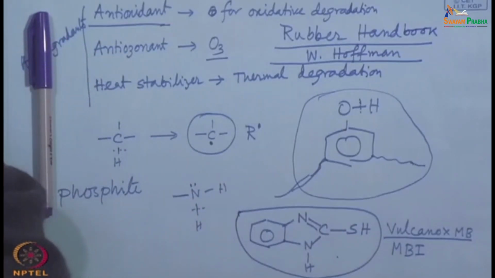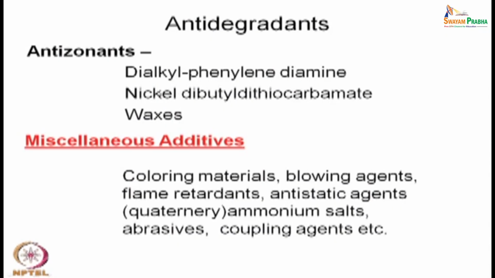Apart from these, a few examples mentioned over here: dialkyl phenylenediamine, nickel dibutyl dithiocarbamate, or waxes, say paraffin wax, microcrystalline wax. These are also used as anti-ozonants, because if wax is blended with a rubber compound, these wax molecules, which are basically hydrocarbon, slowly bloom or diffuse to the surface and form a very thin layer of coating over the rubber product.